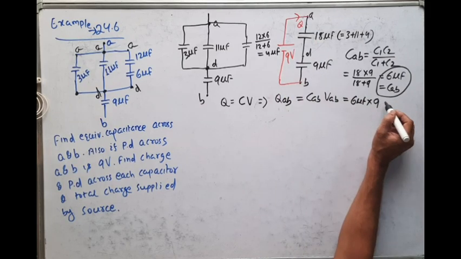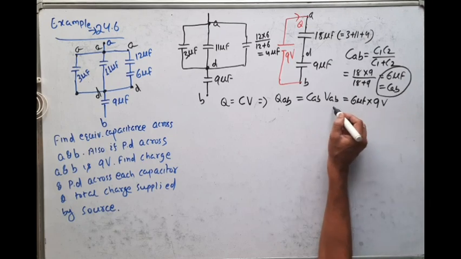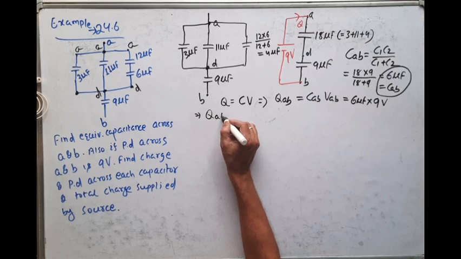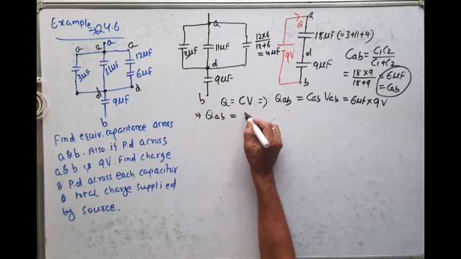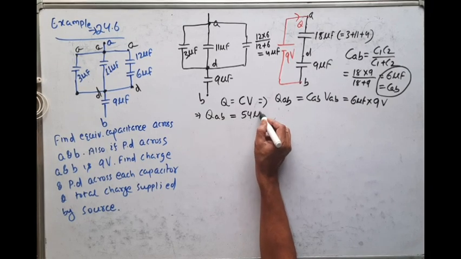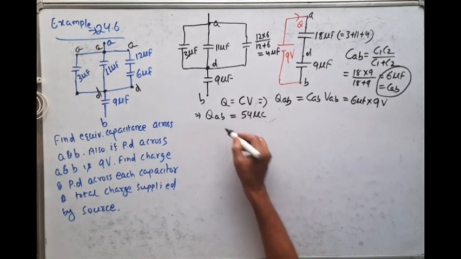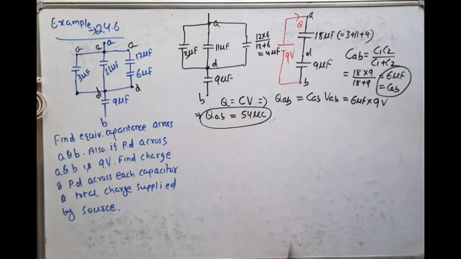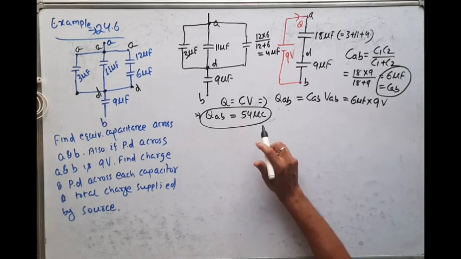The voltage across A and B is 9 volt. So the total charge across A to B path is equal to 54 microcoulomb. So this is the total charge sent by the source.